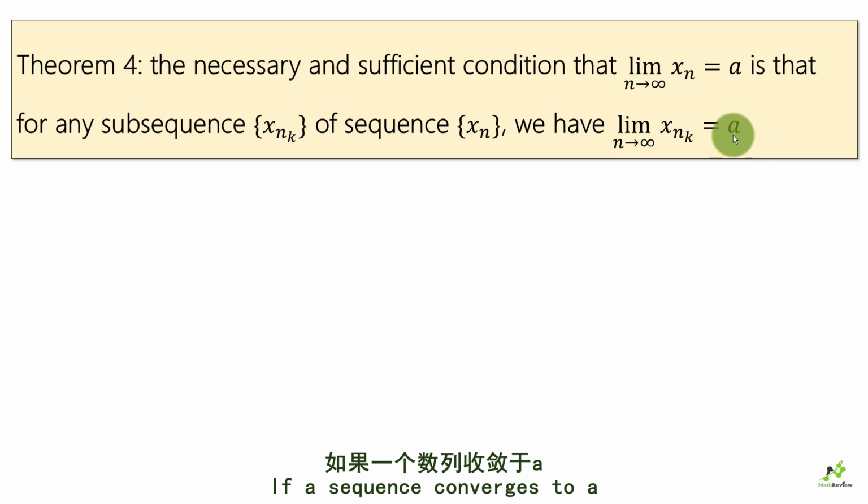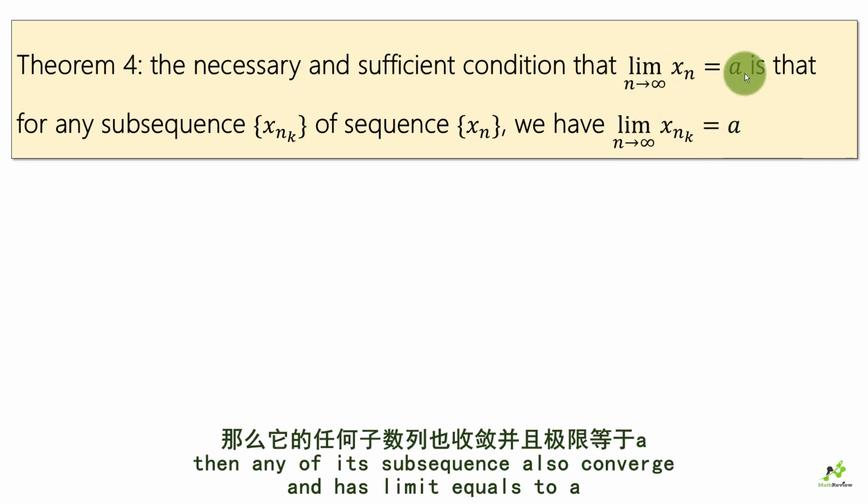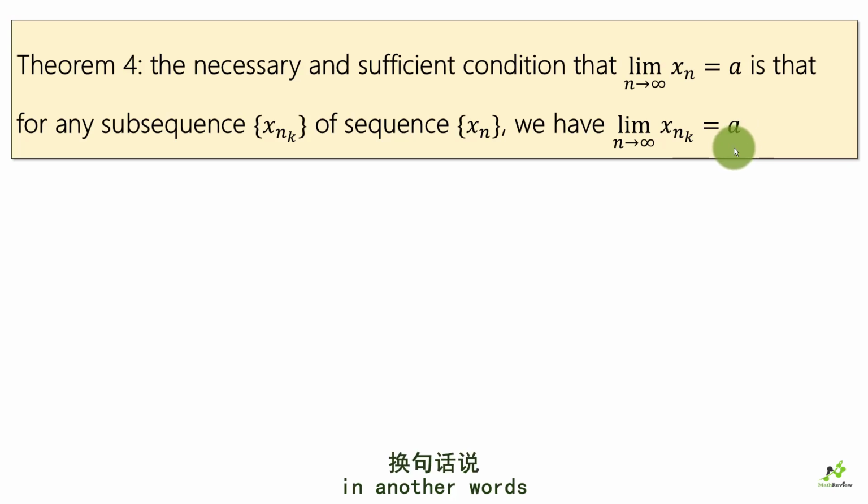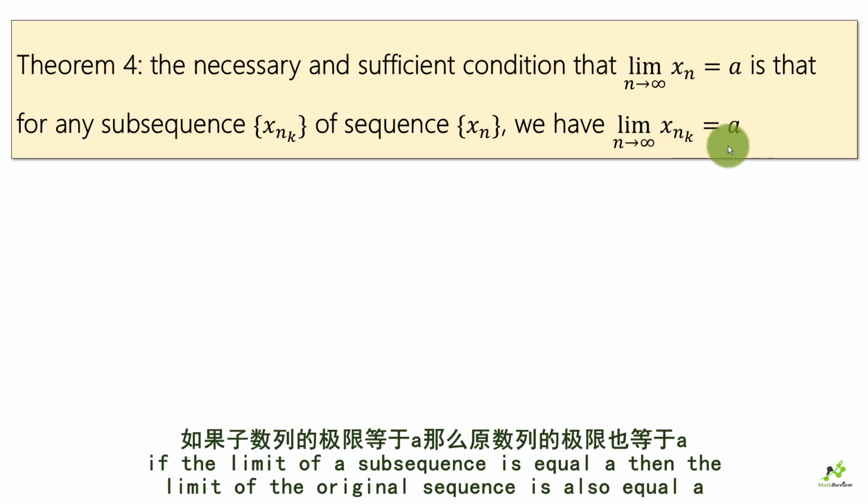If a sequence converges to a, then any of its subsequences also converges and has limit equal to a. In other words, if the limit of every subsequence is equal to a, then the limit of the original sequence is also equal to a.